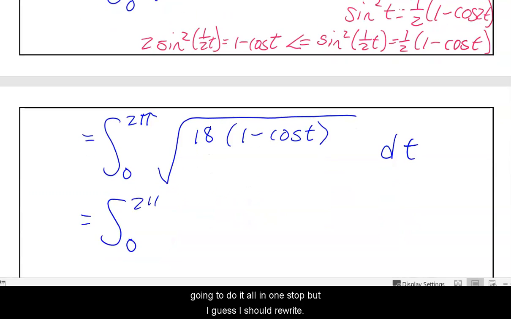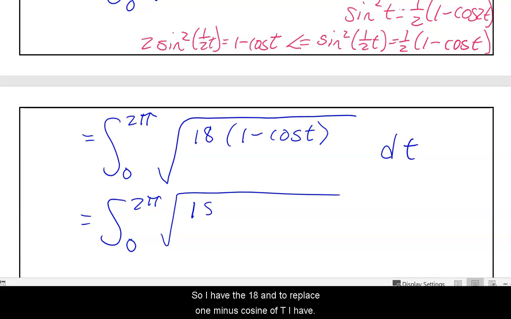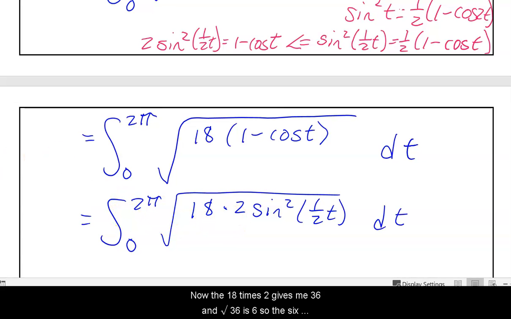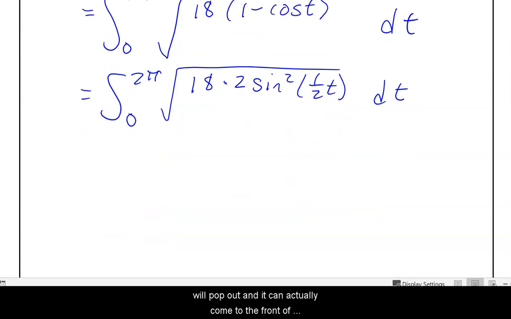I was going to do it all in one step, but I guess I should rewrite it. So now I can replace that. So I have the 18, and to replace 1 minus cosine of t, I have times 2 sine squared of 1/2 t. Now the 18 times 2 gives me 36, and the square root of 36 is 6.